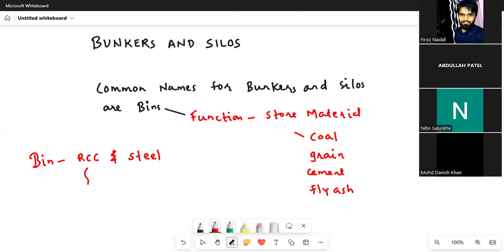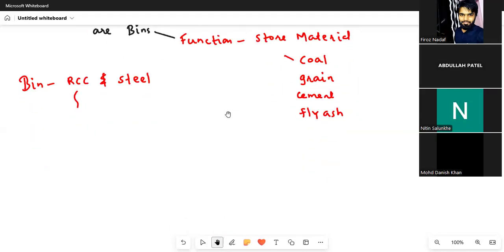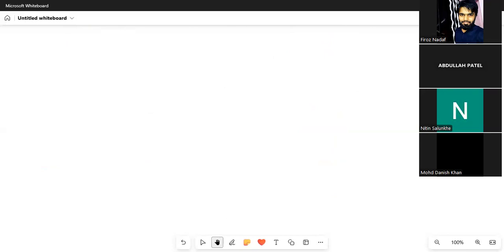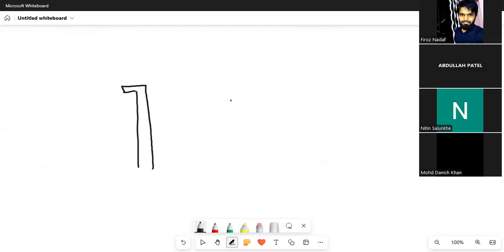So I will show you the typical diagram of bunkers and silos, or bins we can call them. It consists of a vertical side wall like this, and then a hopper bottom like this.